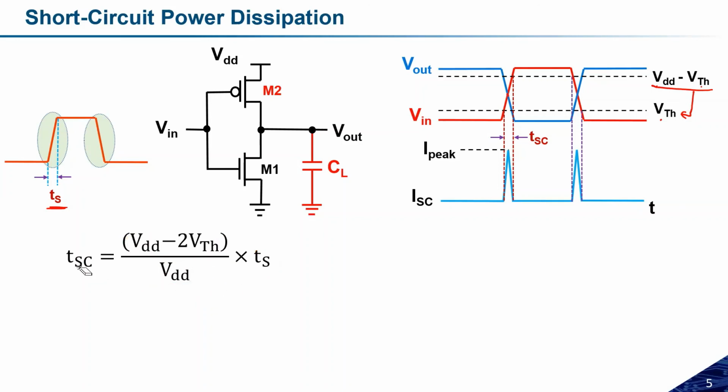Based on that we can scale this TSC with the help of TS. Now the important thing is, suppose I want to reduce this peak, this ISC. What I have to do is reduce this TSC.